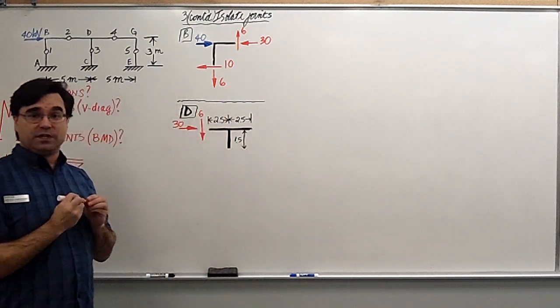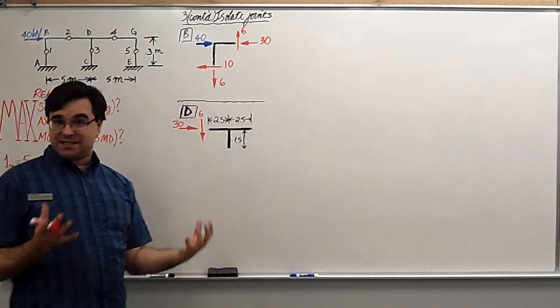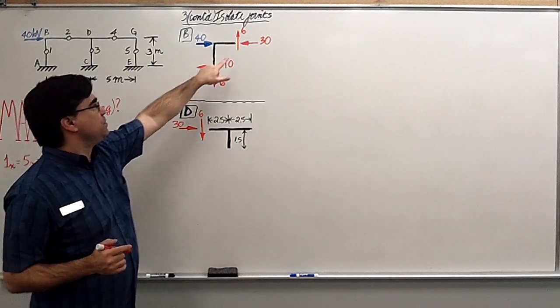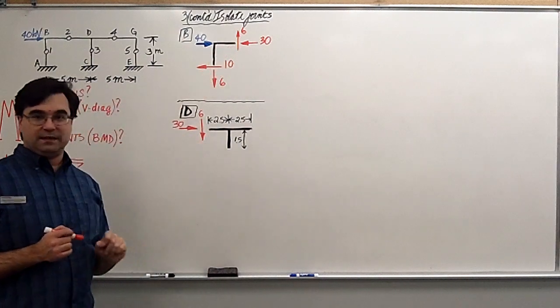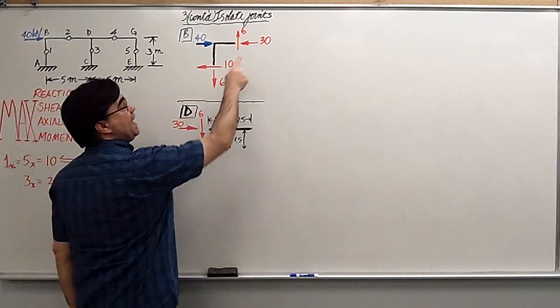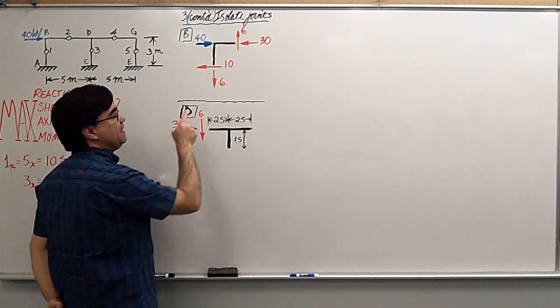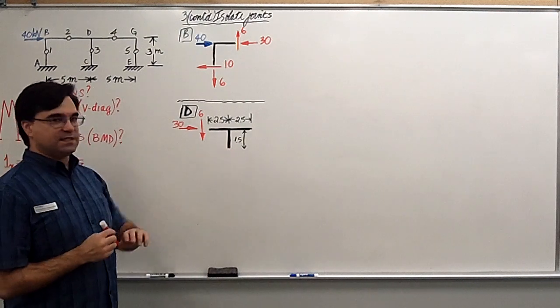Okay? So it may look at first glance that these are opposite directions of that. I guess they are because they have to balance out, but this is the same shear as that because it's causing the same effect on that end and this end. This is the same axial force as that because it's causing the same effect, compression, at this end and that end. Make sense? Let's fill in the rest.